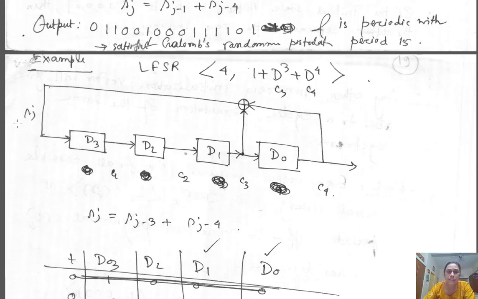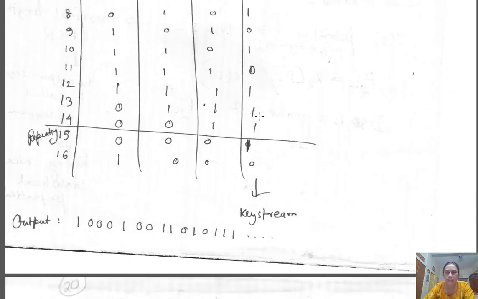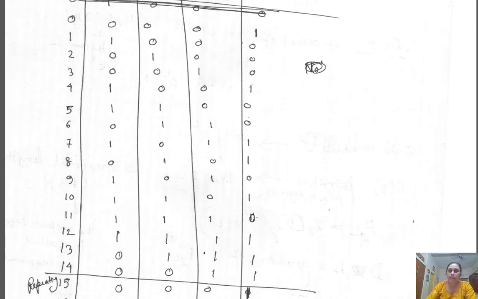The recurrence will simply be Sj equals Sj minus 3 XOR Sj minus 4, a modulo 2 operation. Here also you can check the key stream, and after 15 steps it is repeating, because I have considered the initial vector to be 0, 0, 0, 1. I started from here.